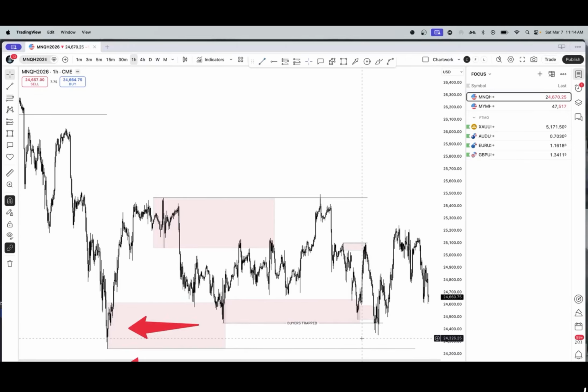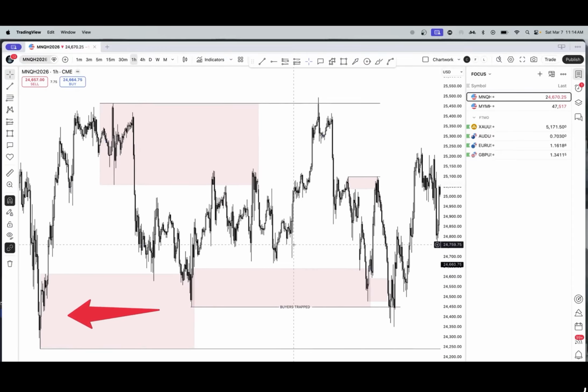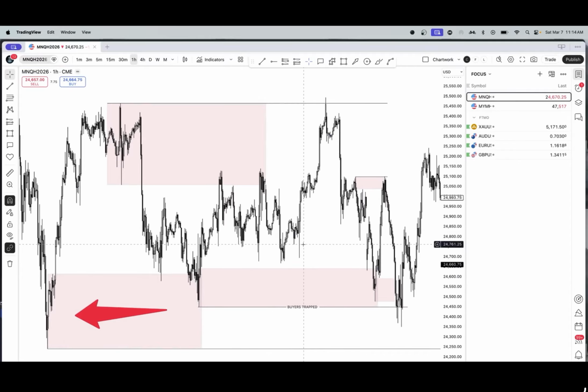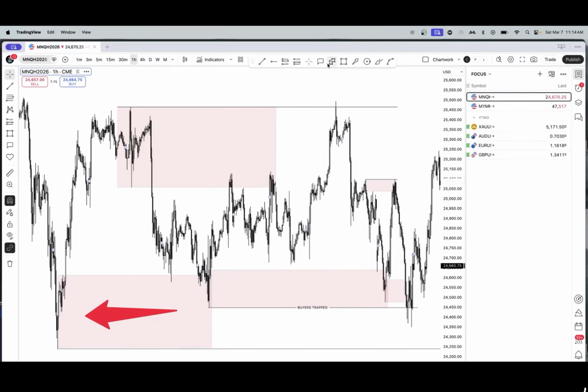That does not mean we want to look for potential long entries, because we still have to factor in that it is high risk. Yes, you can potentially catch a scalp or intraday play as far as a short-term trade, but all in all, if we're looking at it from a higher probability standpoint, it wouldn't be a trade that you could potentially hold, is what I'm trying to depict in your mind.